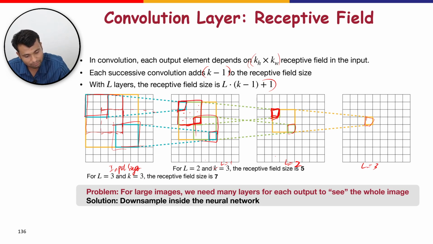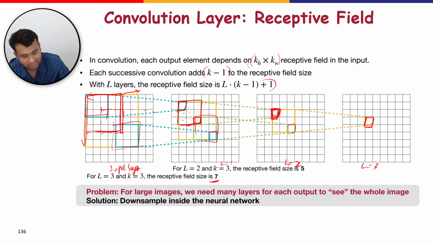So a single pixel here is coming from 5 cross 5 pixels here, as we had seen. And if our layer L is equal to 3, then according to the formula the receptive field size is 7. So in the original input image, a 7 cross 7 region is giving you this single pixel.